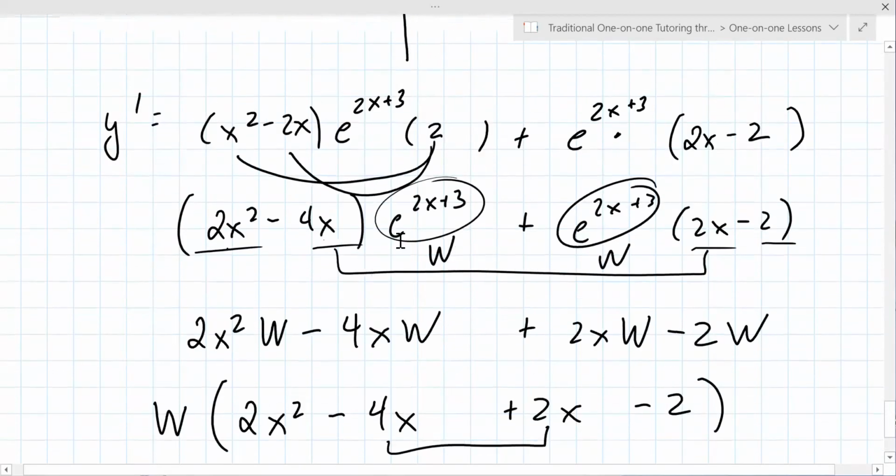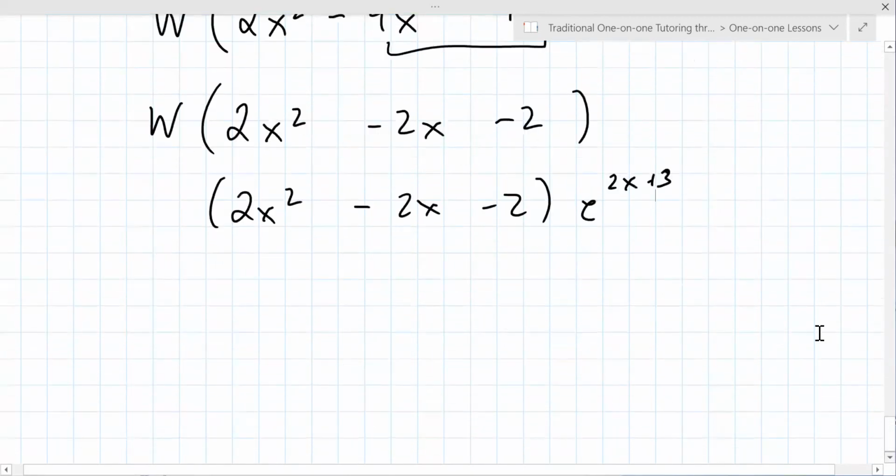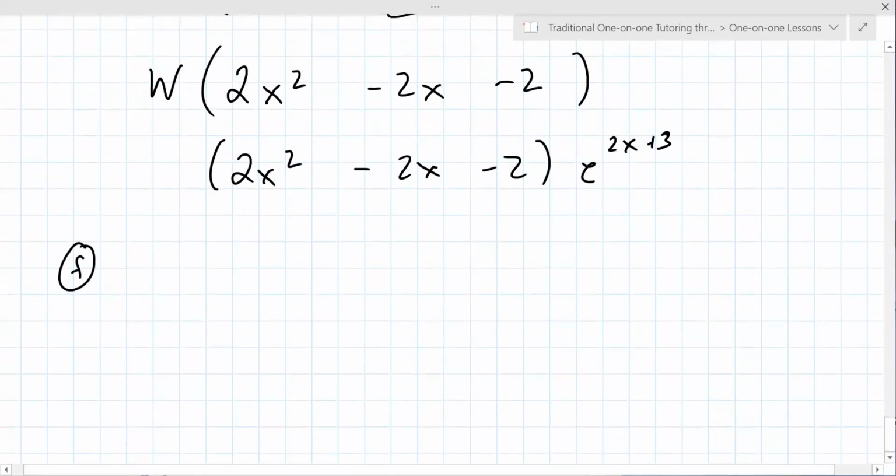Okay. Do you want to do another one like this? Yes, please. Okay, let me pull this up. So let's go: x squared minus 4x e to the 3x plus 1.